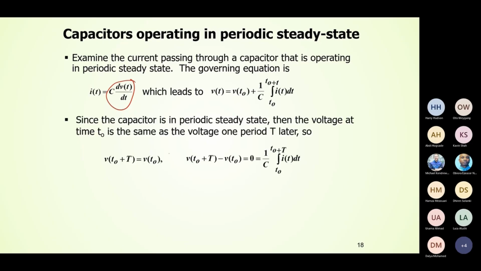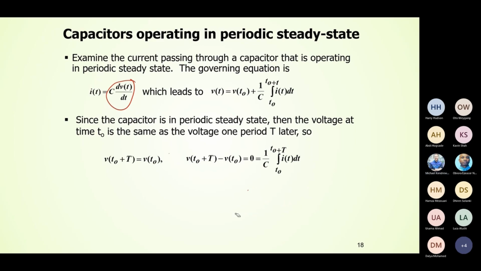And we are using periodic steady state. In periodic steady state, let's say I have a triangular waveform, and as you can see, every period, every T, the value remains the same. So this is what we have used here.